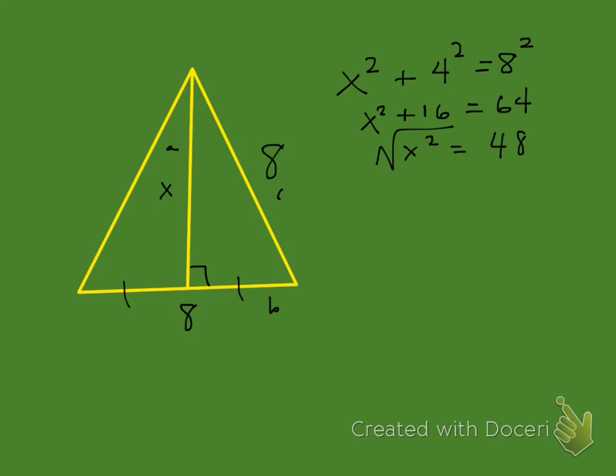And then the square root of 48 is going to be our x value. So the square root of 48 is not a perfect square, but what numbers could I turn this into? Yeah, the square root of 16 times 3, that's my perfect square, and then I end up with x is equal to 4 square roots of 3.